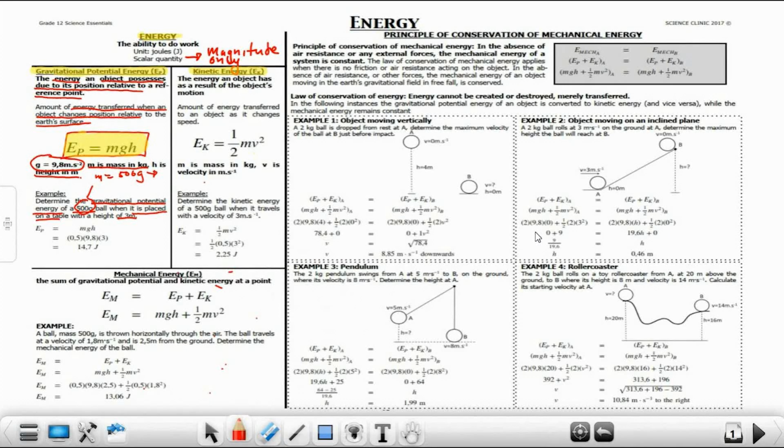So we agreed that our mass must be in kg. So how do I get it into kg? I must divide by 1000, then it will give me 0.5 kg. Then I will be able to substitute the correct values.